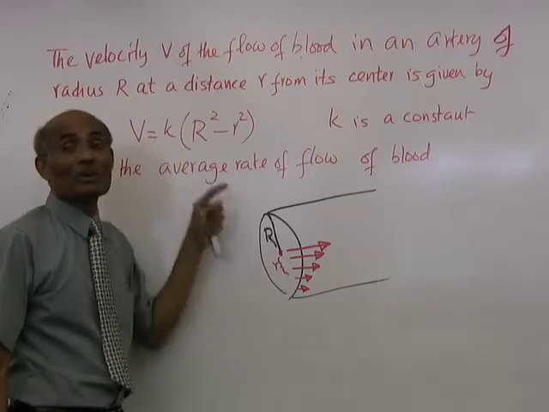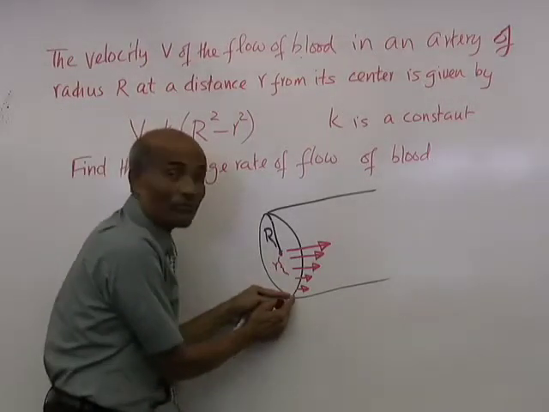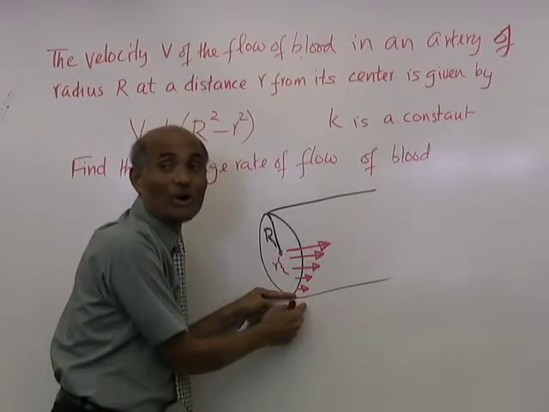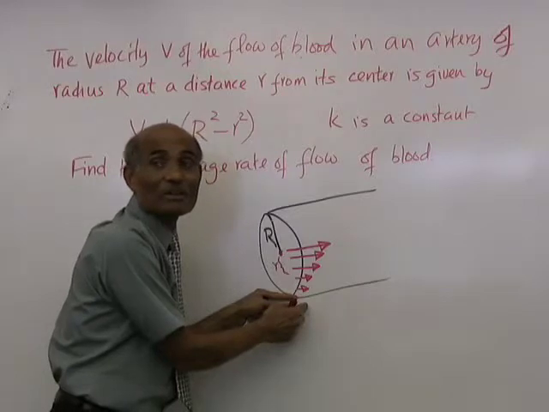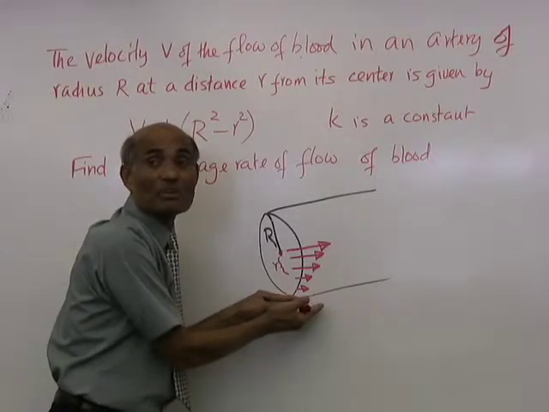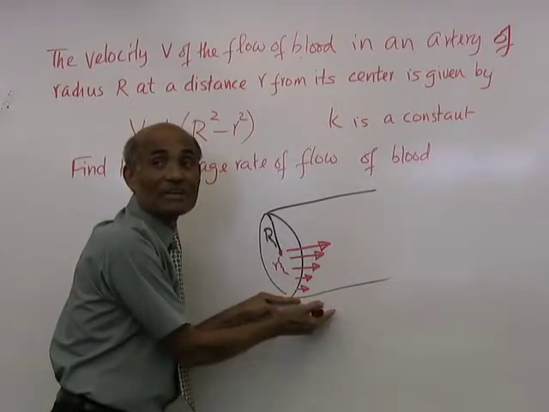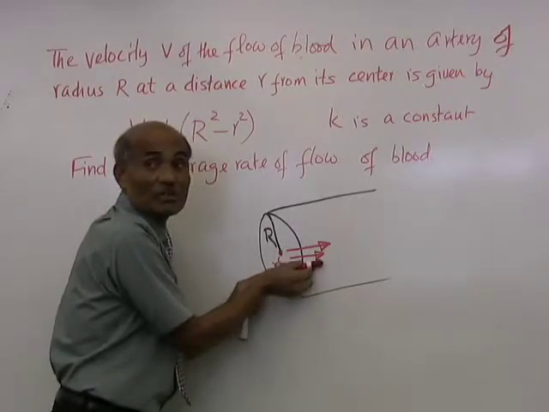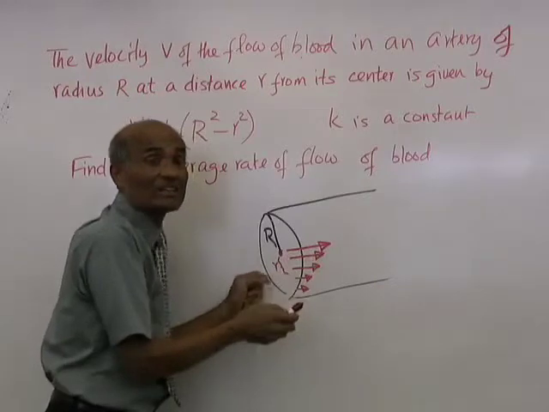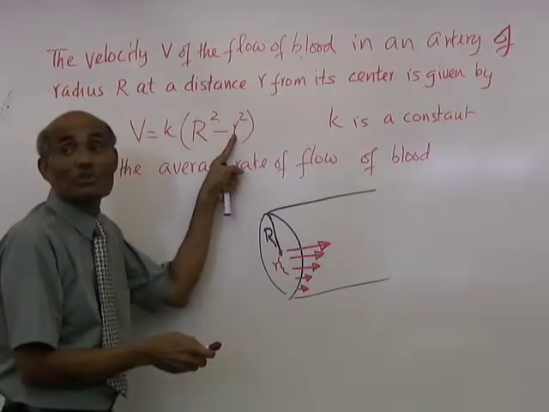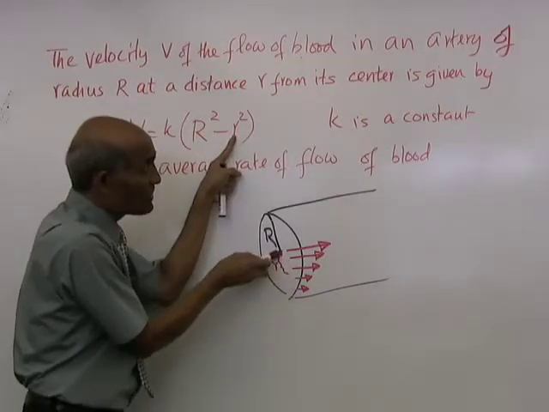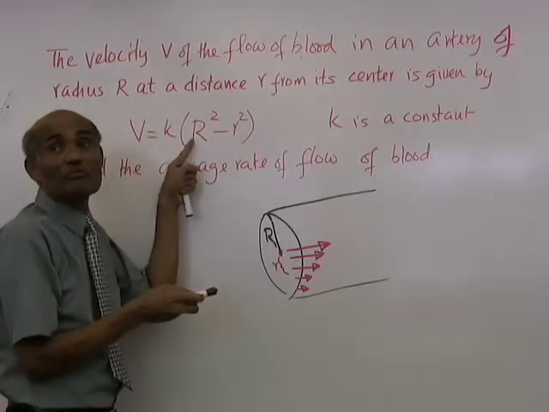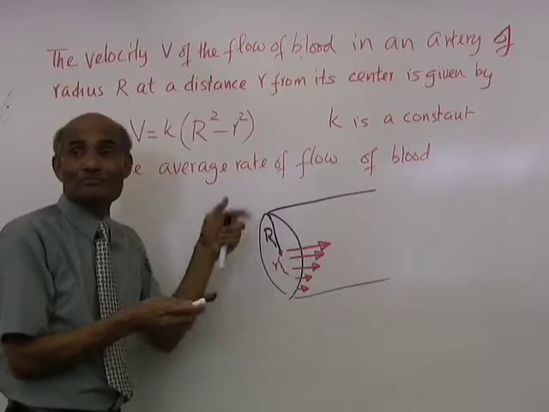The speed is 0. So the blood will not be flowing along the wall of the vessel at all. The cells of the blood will be almost at rest. As you move away from the wall, the speed is greater and greater. The maximum speed is when r equals 0, which is at the center. That's the meaning of this.